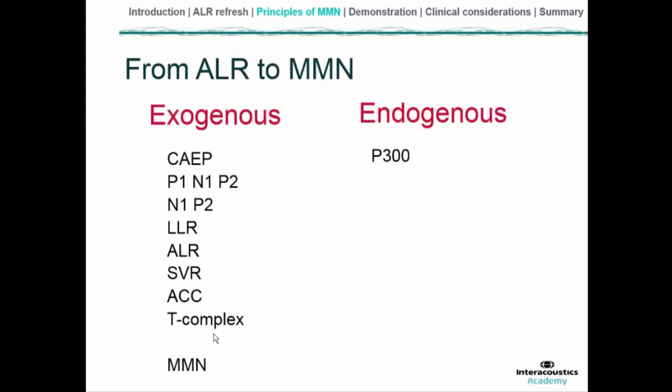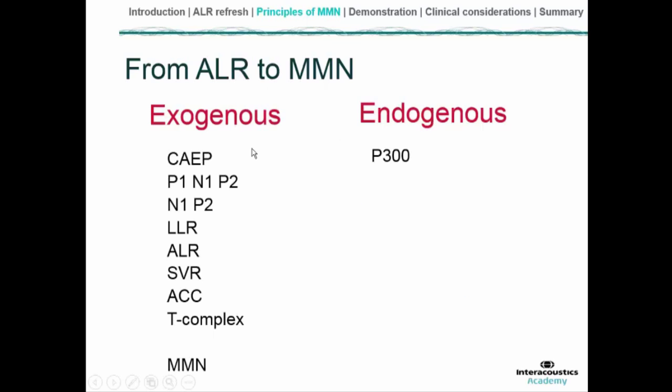On this slide, I'm showing two broad categories of event-related potential, or evoked potential, from the auditory system. On the left column we have exogenous potentials, and on the right we have endogenous potentials.